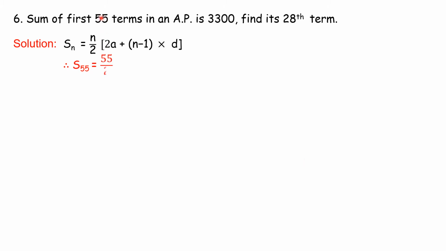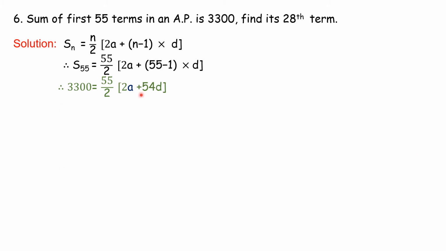We know the sum of first 55 terms. Therefore 55 upon 2 into square bracket 2a plus 55 minus 1 into d. Sum of first 55 terms, that is 3300, is equal to 55 upon 2 into 2a plus 54d.